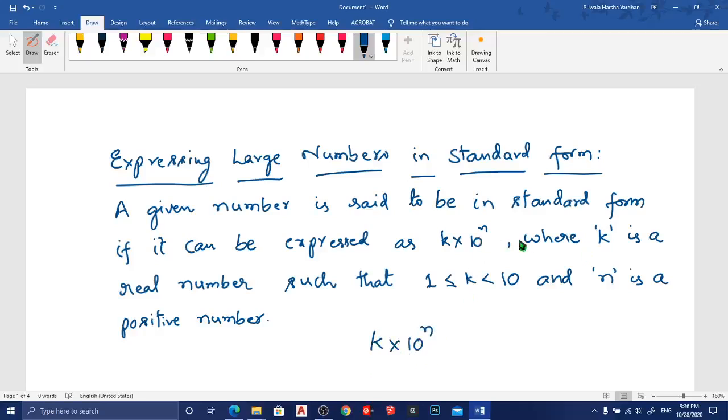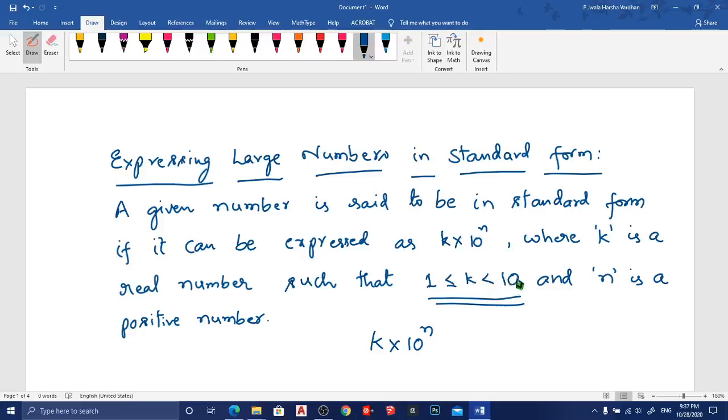And one more important rule is that k is a real number such that 1 is less than or equal to k, and k is less than 10. What is the meaning of this? The k value should be between 1 and 10 only, and may be equal to 1, but should be less than 10, not equal to 10.